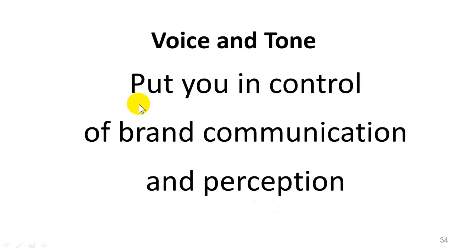The voice and tone will put you in control of brand communication and perception. You want to direct how the user is perceiving your product, because ultimately we want them to like us. We want them to buy something. We want them to do something.